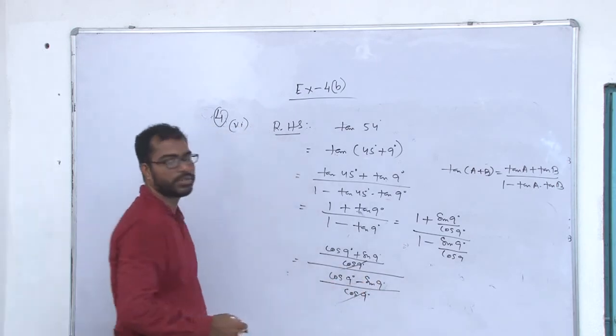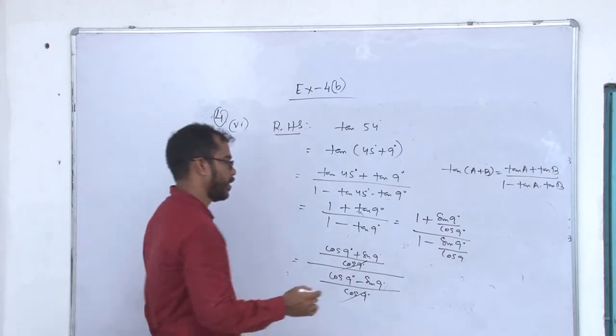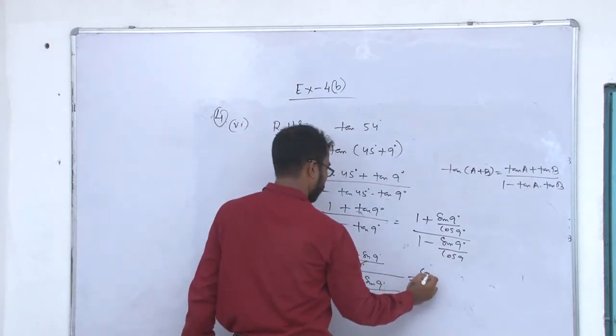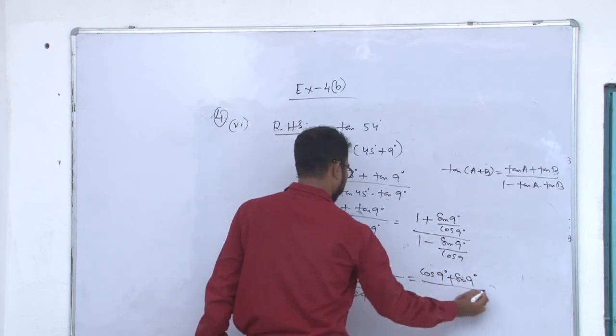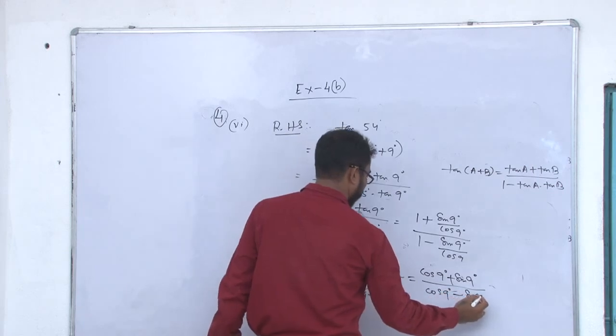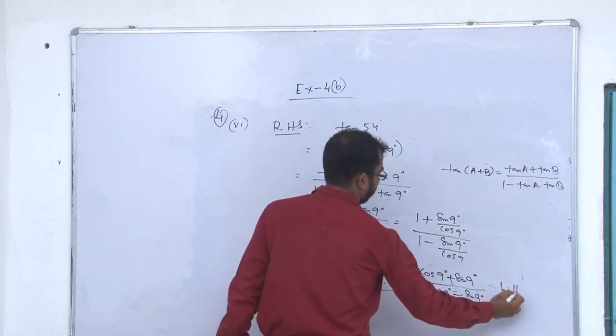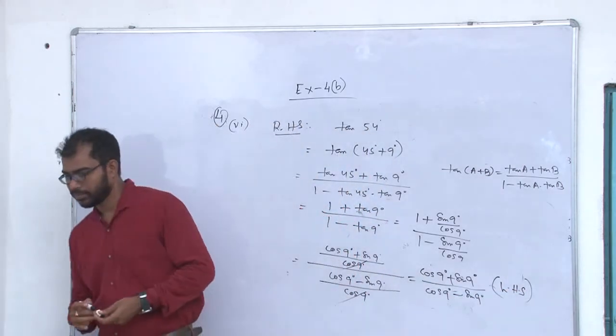Now cancel both denominators, cos 9 and cos 9, and the result is cos 9 degrees plus sine 9 degrees by cos 9 degrees minus sine 9 degrees. This is the LHS part of the given expression.